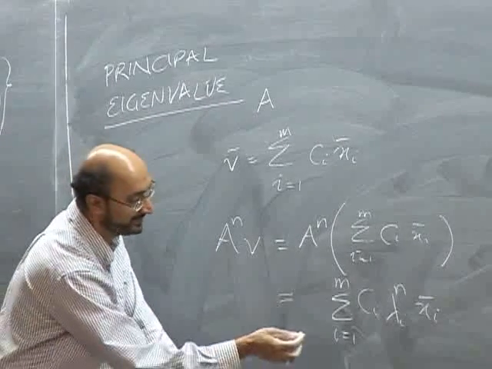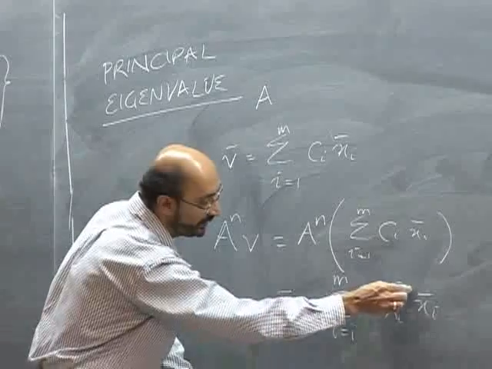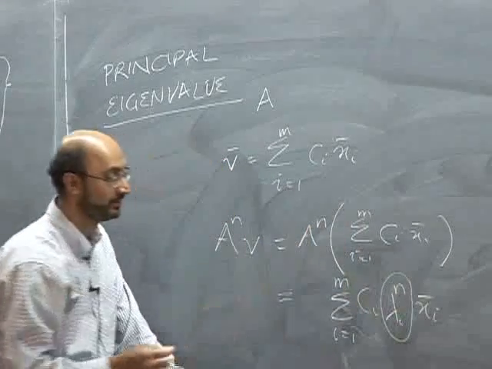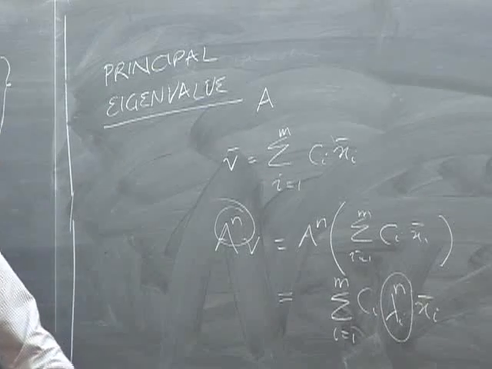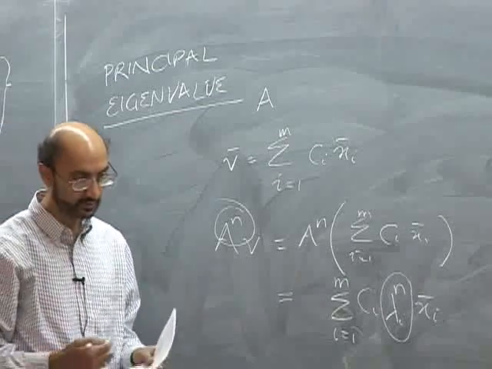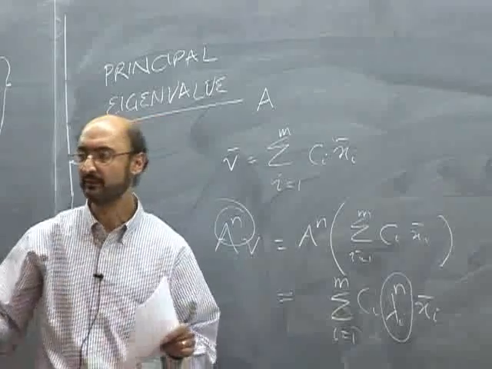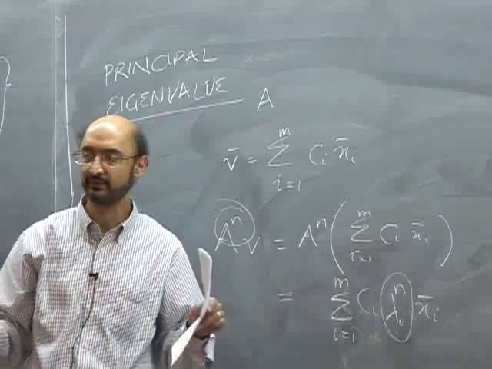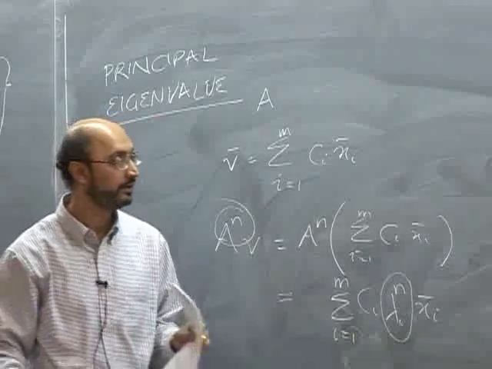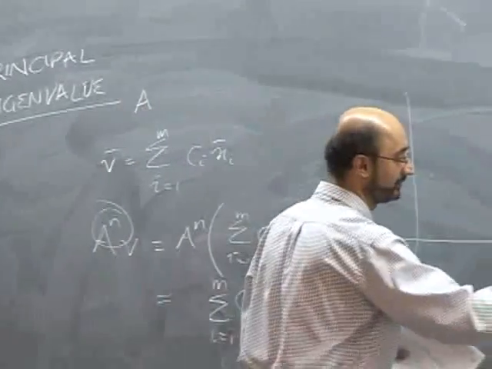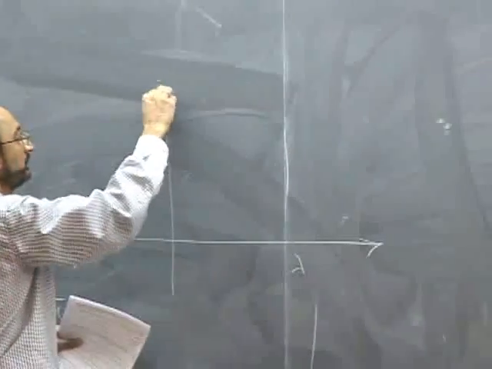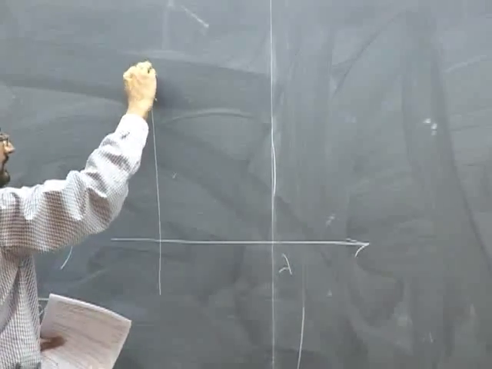But what's interesting here, once you look at it, is that we have a sum which has only one term that depends on the value of n, which is lambda i to the n. Okay? So when we take a bunch of numbers and take the nth power of them, let's just look at this. I'm going to take lambda, and here I'm going to plot lambda to the n.